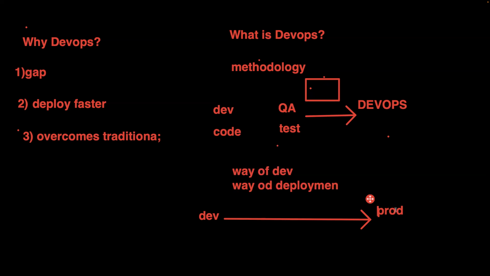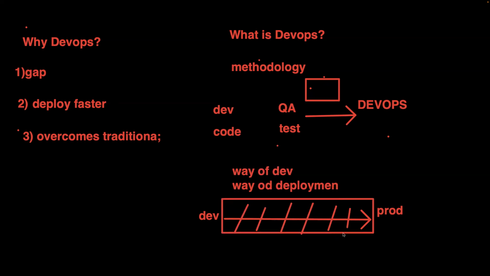Of course, first to a lower environment, then to the higher environments, and finally to production. If you know this process of automation and how it happens, that's what DevOps is. This is where you get involved as a DevOps person after coding and testing, automating the path to the production environments.